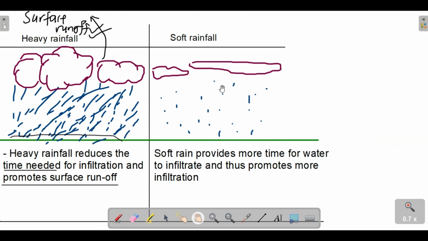Whenever you have a soft rainfall, because these water drops fall at a lower speed and accumulate a smaller volume, they get enough time to infiltrate. It provides more time because they are not falling at the same time at a very fast pace, and hence there's enough time for each water particle to infiltrate through the ground. So we see the promotion of infiltration whenever you have a soft rainfall.